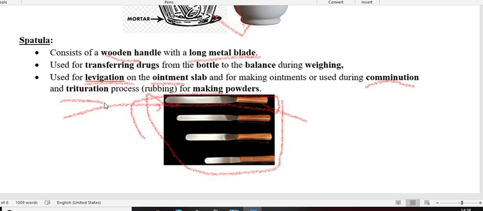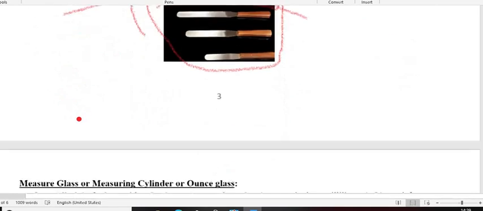Also, this is used for transferring drug from a bottle to the weighing balance. We use this spatula while weighing to transfer the chemical from the chemical bottle to the balance. So this is about the spatula.